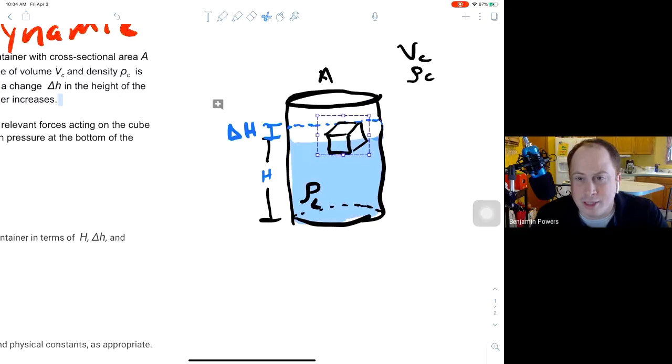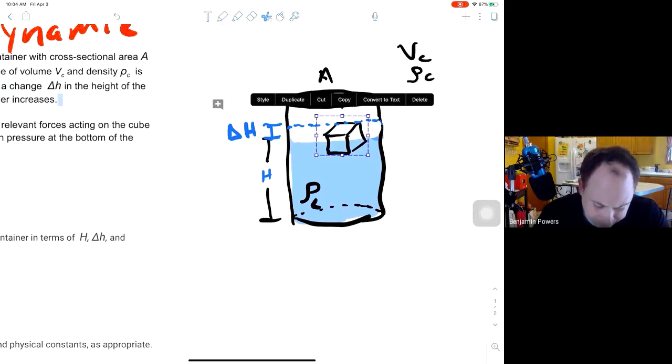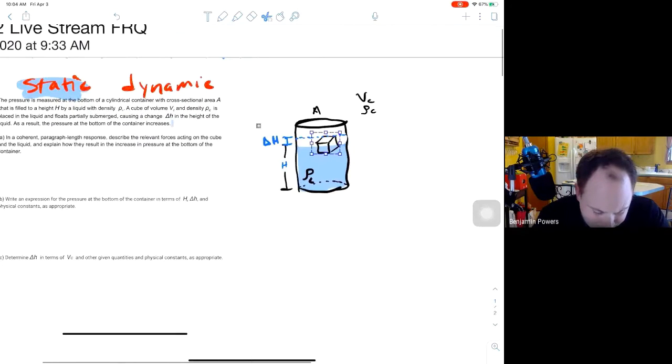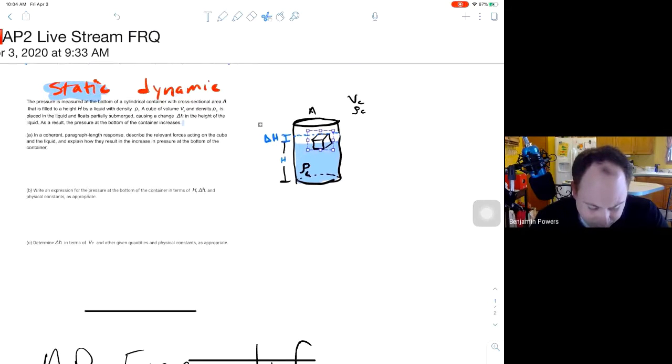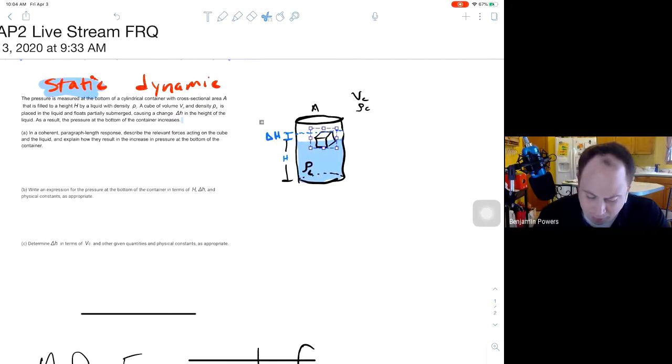Let me read this again. It says placed in liquid and floats partially submerged, causing a change, delta H, in the height of the liquid. As a result, pressure, and so on. Okay, so maybe it'd be sitting something like that, halfway in and out of the water as it started.